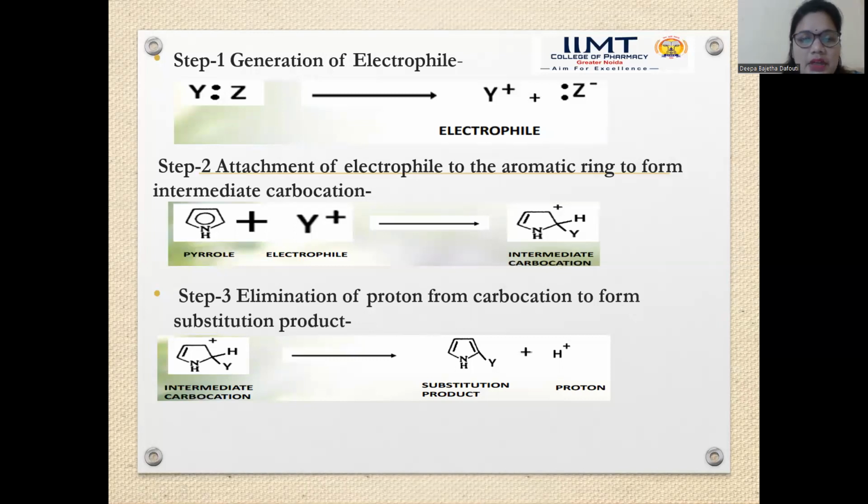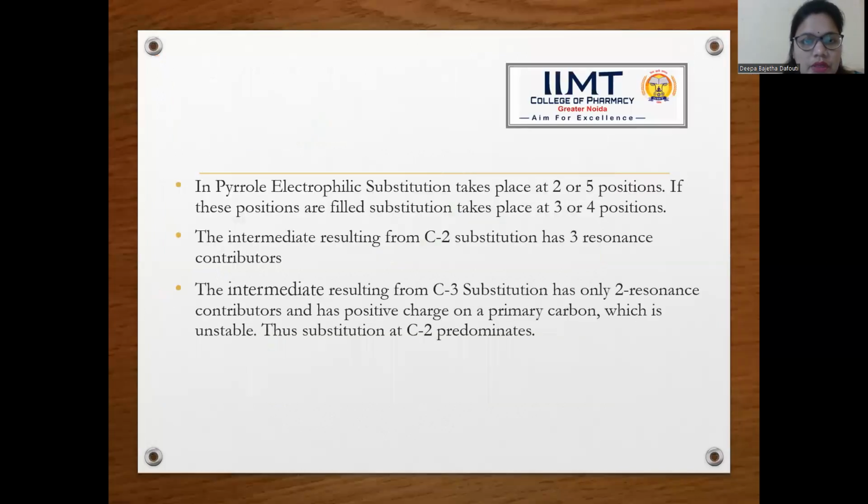And in the third step, this intermediate carbocation gives the substitution product with elimination of a proton. In pyrrole, electrophilic substitution takes place at the second or fifth position. If these positions are filled, substitution takes place at the third or fourth position.